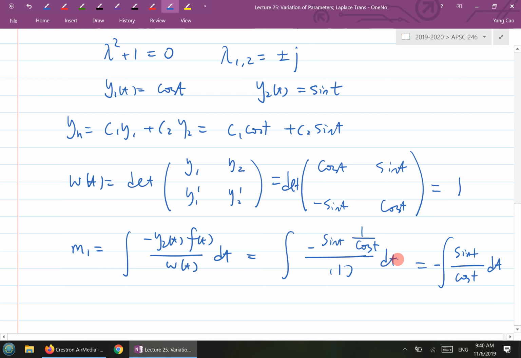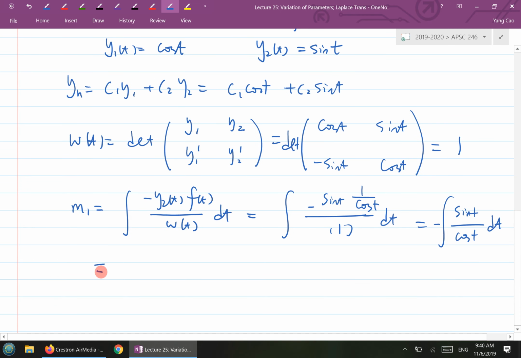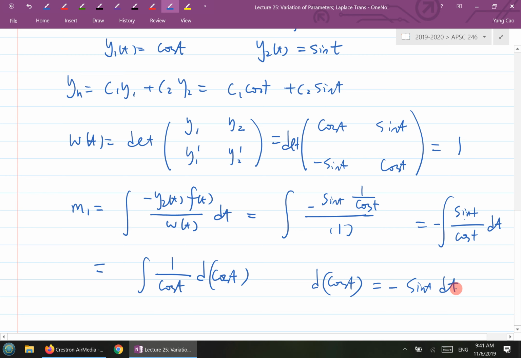I missed the dt here. So sine over cosine, what technique can you use to integrate this? Substitution, right? My way of doing this is to move the sine into the d. Cosine t's derivative is negative sine t, so d cosine t equals negative sine t dt. It's basically the same as a substitution.